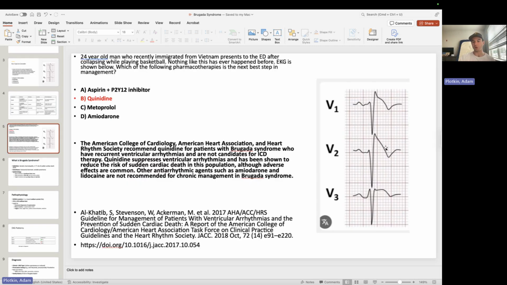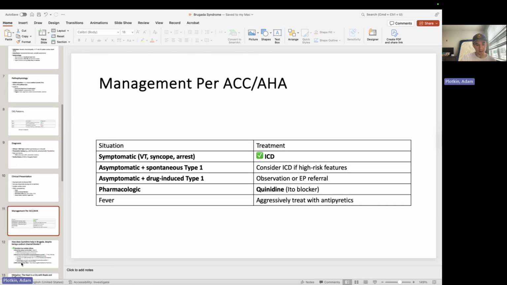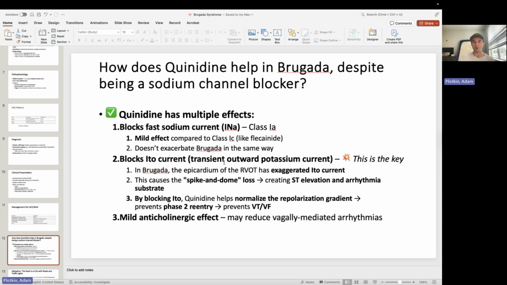If you look at V2, normally on a normal EKG, the ST segment will be kind of more flat. The T wave will take its sweet time. We look at V2, especially V1, look how quick this repolarization is happening. It's like at the snap of a finger, we get that repolarization. That's because in Brugada syndrome, this Ito current is moving too quick because of this sodium channelopathy.